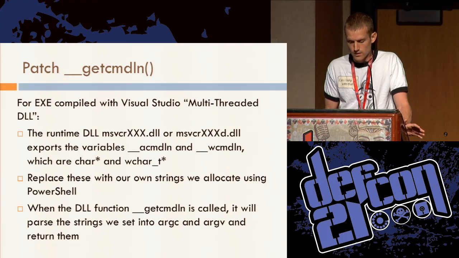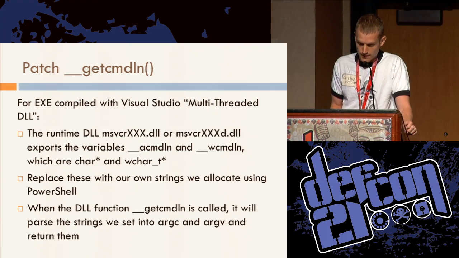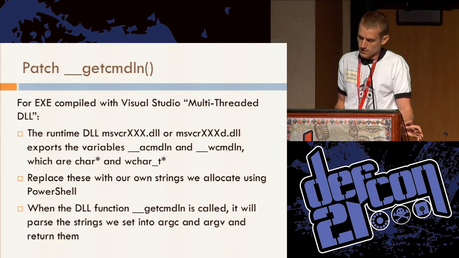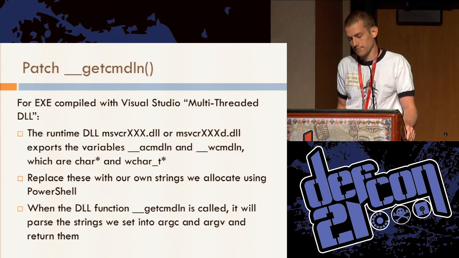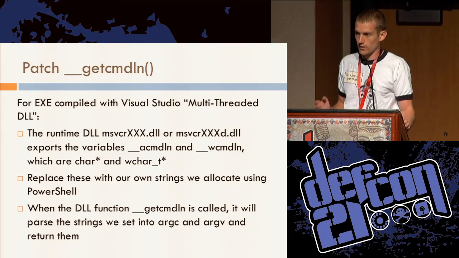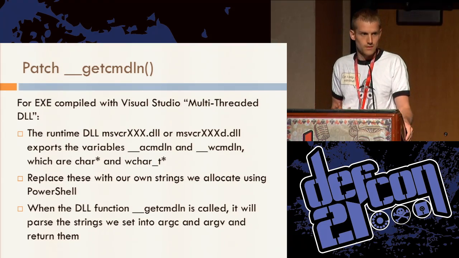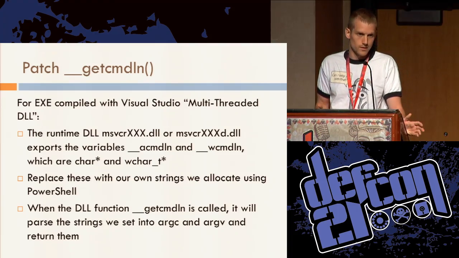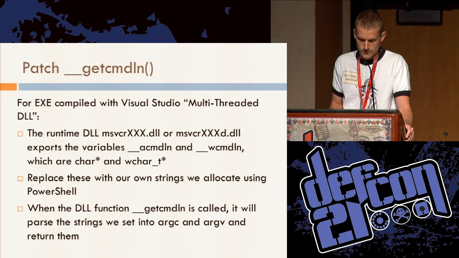The next function, __getmainargs, is a little more complicated to overwrite, so I didn't want to do that. The reason is it takes a number of parameters, and this function actually goes and parses out your command line arguments into argv and argc. I didn't want to go through the trouble of parsing stuff if I didn't need to.